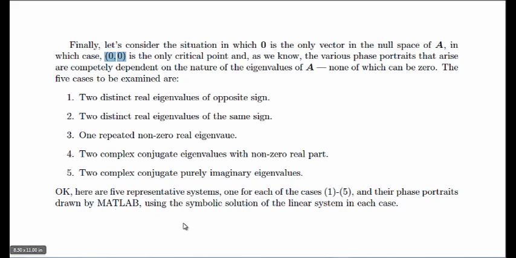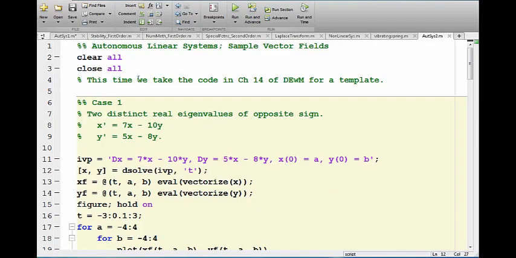Okay, here are 5 representative systems, one for each of the cases 1 through 5, and their phase portraits, as drawn by MATLAB, using the symbolic solution of the linear system in each case, which MATLAB can compute. Okay, here we go. Autonomous linear systems, sample vector fields. Let's clear everything.